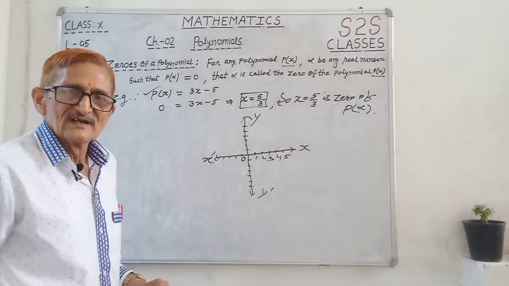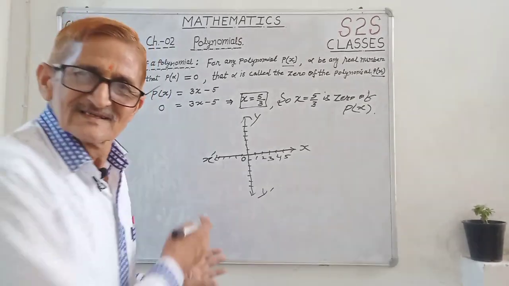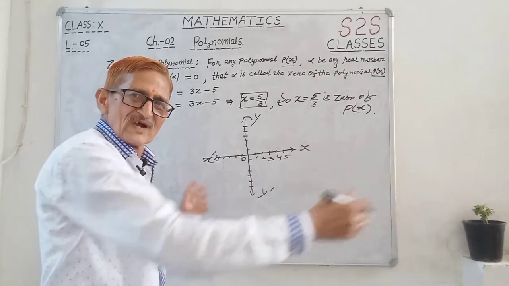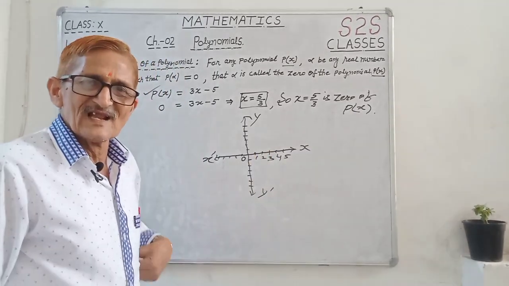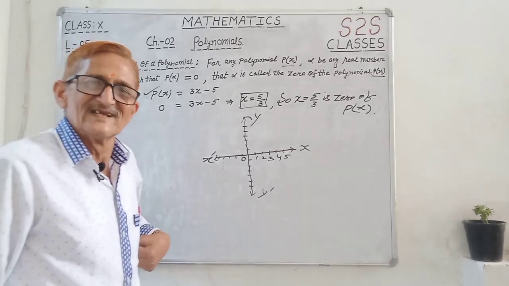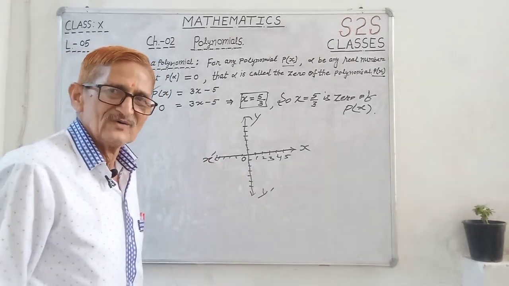Like this we can mark on the line, you have done in 9th class. This is the rectangular system, number line, real number line, y-axis also, these are real numbers on that, but we are taking integers generally. Between two integers many real numbers are there, you know.